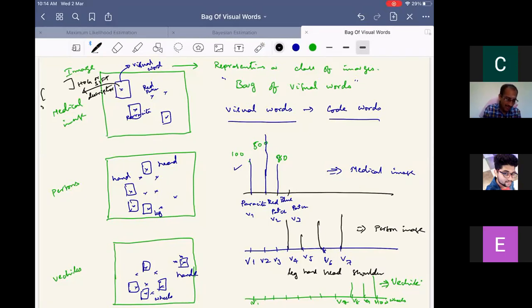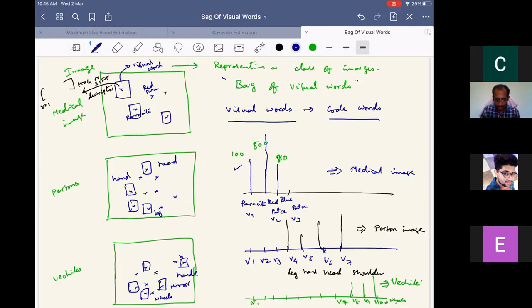Say this is an 8x1 HOG or SIFT descriptor, for example. Now, with respect to this, I need to tell whether it is a patch corresponding to parasite, or red cell, red patch or blue patch, leg, hand, shoulder, and then wheels, handles, and then probably front, say for example, the mirror.